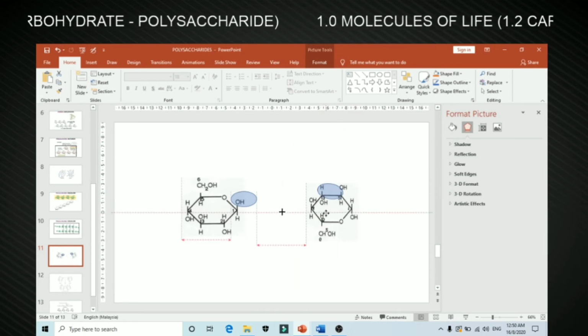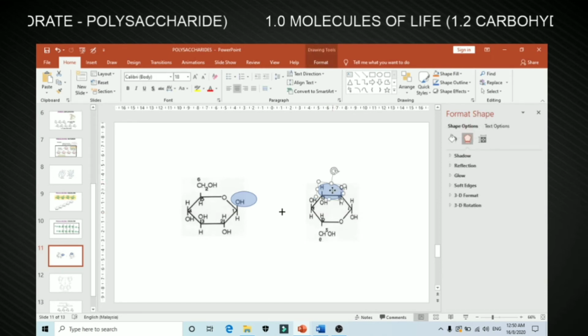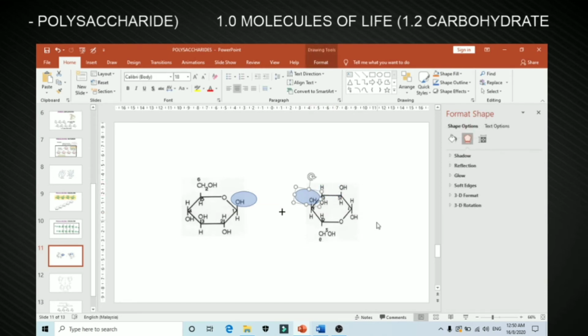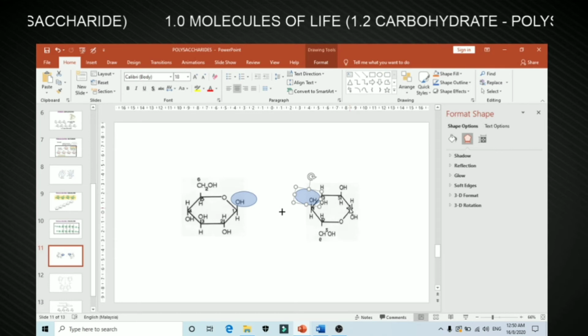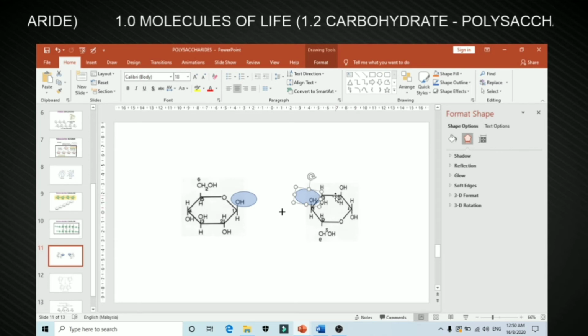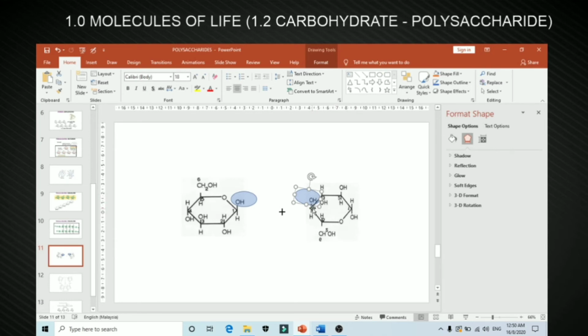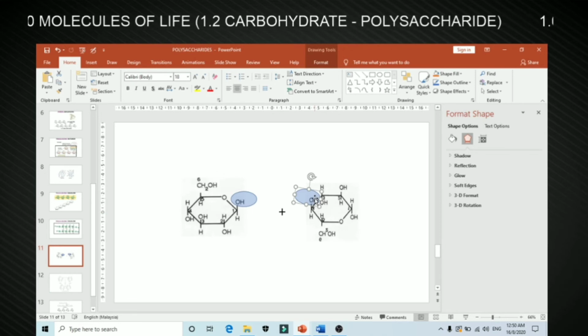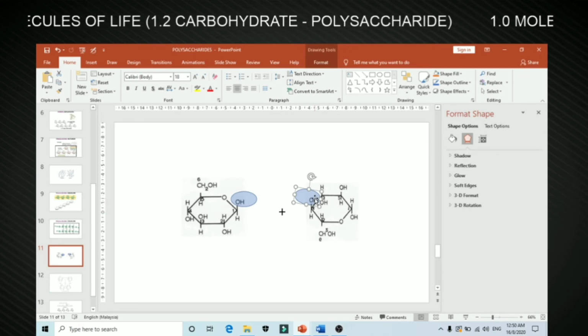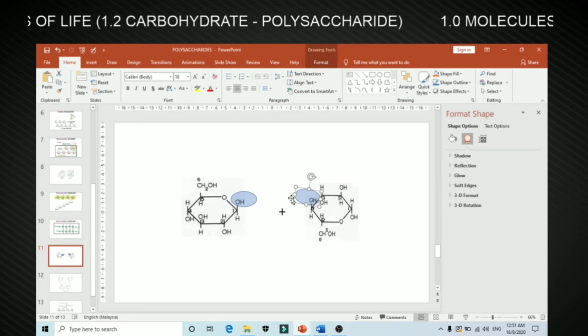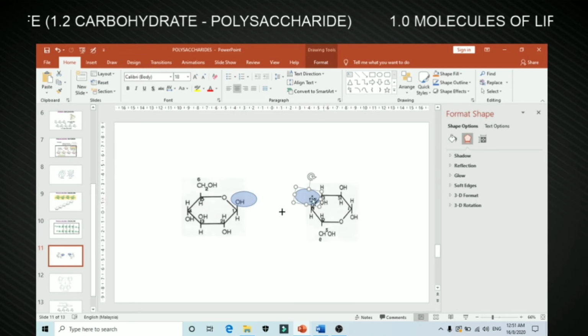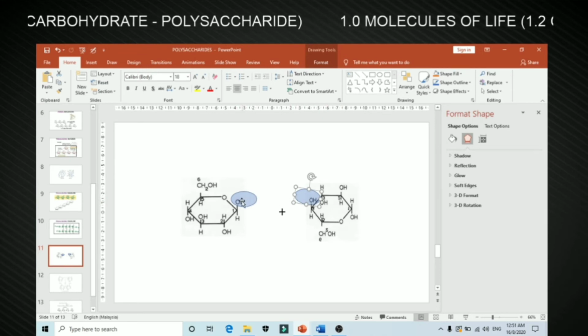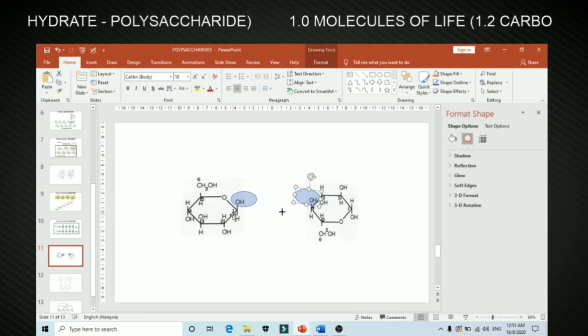Can you see now? After the structure of beta glucose is being inverted, this will become carbon number 1, carbon number 2, carbon number 3, carbon number 4. Then the position of the hydroxyl group is outside. So the position is similar to the hydroxyl group at carbon number 1.